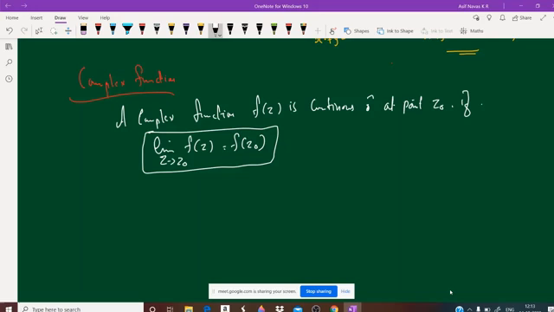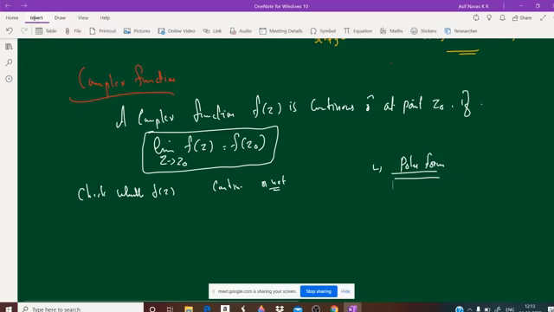Now this type of problem they will ask is to check whether f of z is continuous or not. So the thing is, we will use the polar form to solve this. This is a very easy method.